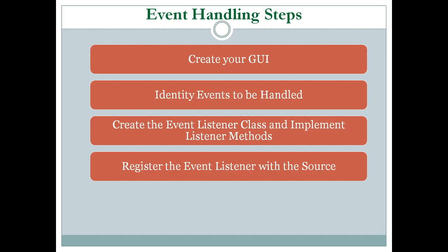When the listener class inherits a particular listener, it should also implement the methods of the listener interface. The ActionListener interface contains one method called actionPerformed. Other listener interfaces include other methods which need to be implemented. So the third step is to create the listener class and implement the listener methods.